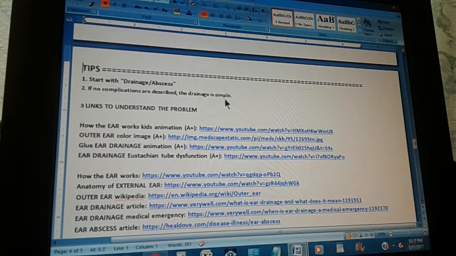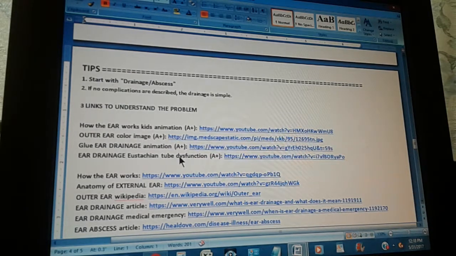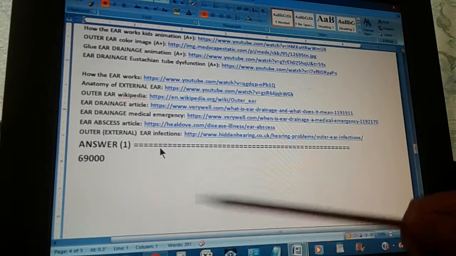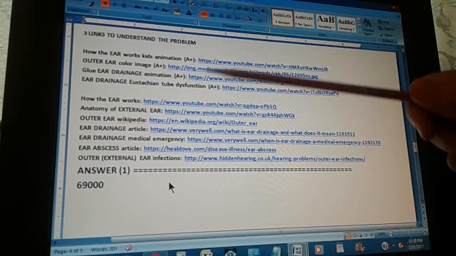So now we have links to understand the problem. As usual, the A plus links, which are here, are the ones that we advise you to watch at all costs. If you understand this procedure, watch those first. If you have more time, you can watch the rest, but the rest are not as indispensable as the A pluses.